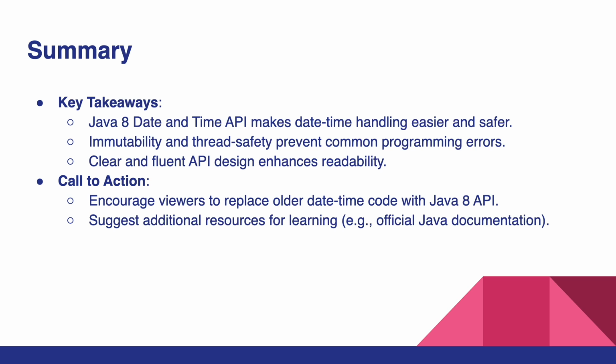In conclusion, the Java 8 date and time API significantly simplifies date time handling in Java. Key benefits include improved immutability and thread safety, which mitigate common programming errors, and a clear and fluent API design that enhances code readability and maintainability.